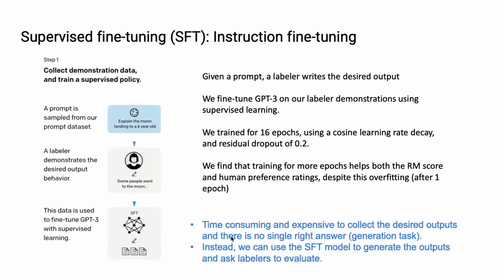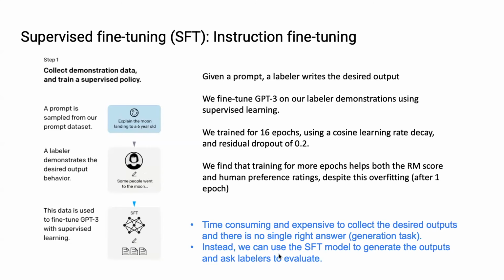So just as I mentioned, this data collection, especially this part, requires a human to write the desired output. It is quite time consuming and expensive. And usually there's no right answer for the generation task.